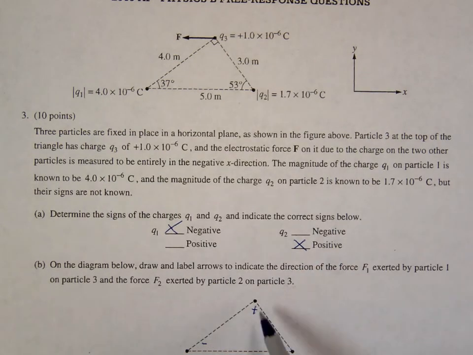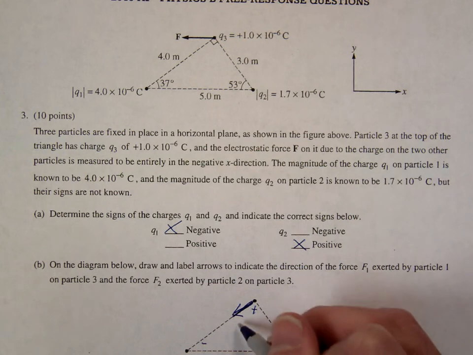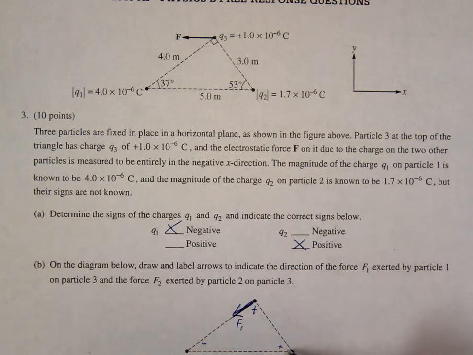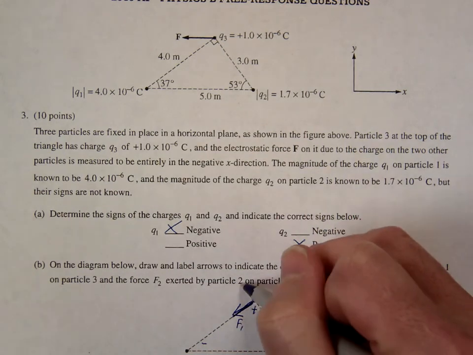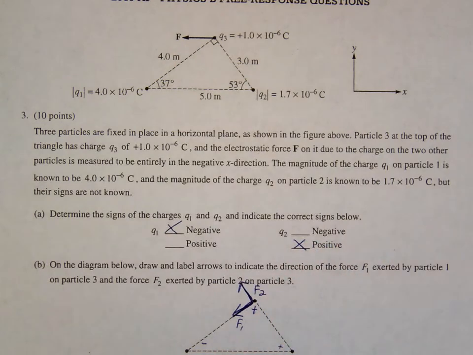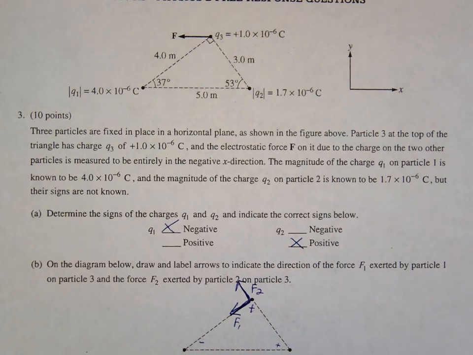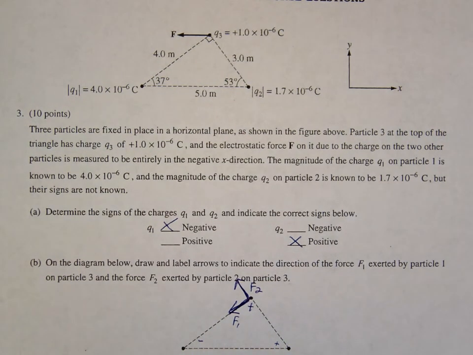Okay, so this is negative positive, so that's going to attract with the force like this. And that is F1. This is positive positive, it's going to repel with the force like this. F2. Okay, this was worth 2 points. Basically 1 for each, F1 and F2.